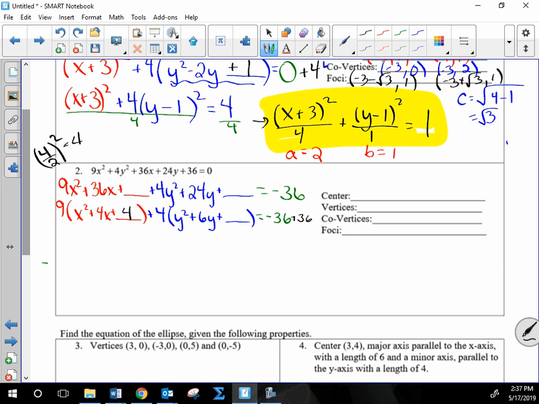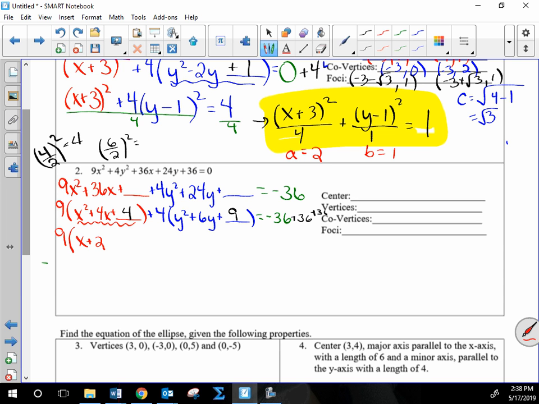Let's go and do this one here. B over 2 quantity squared. What would that give me? 9. Again, how much am I adding over here? Hey, I got my 36. Okay. So I've got 9 times, what do my x's factor into?